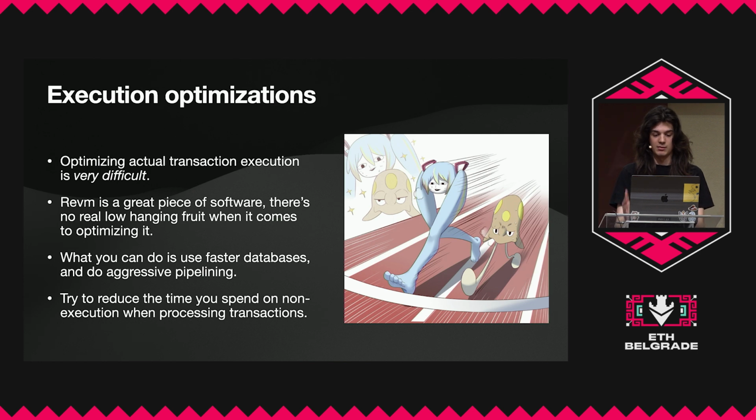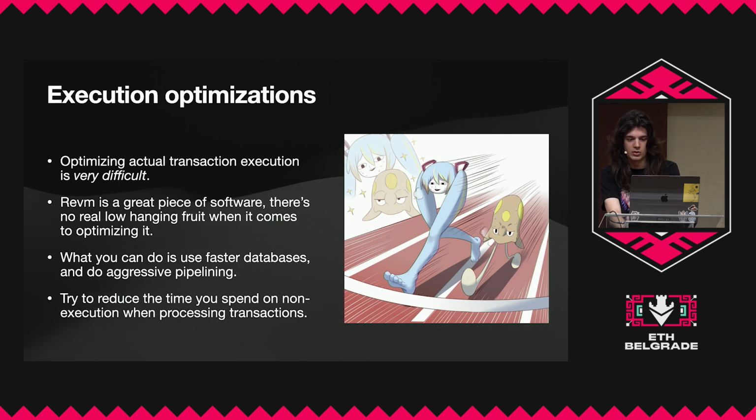Optimizing the actual EVM transaction execution is incredibly difficult. You're not going to be optimizing the EVM execution code beyond what is already in Revm without spending literal months for maybe a few percentage points here and there. Revm is a very well optimized piece of software already. What you can, however, do is reduce the time you spend on processing transactions.